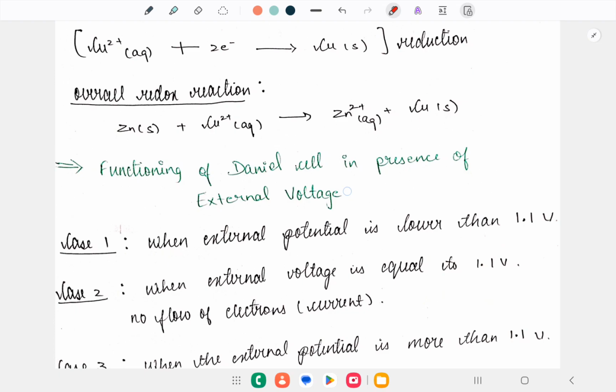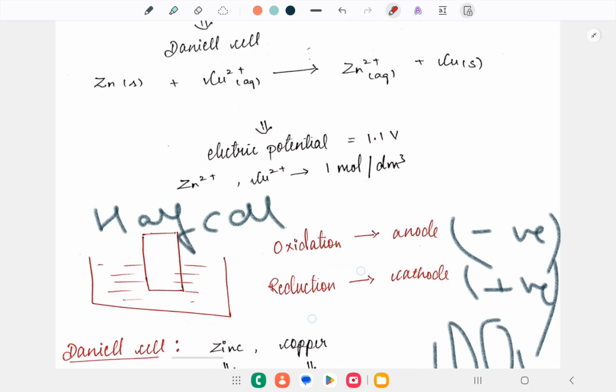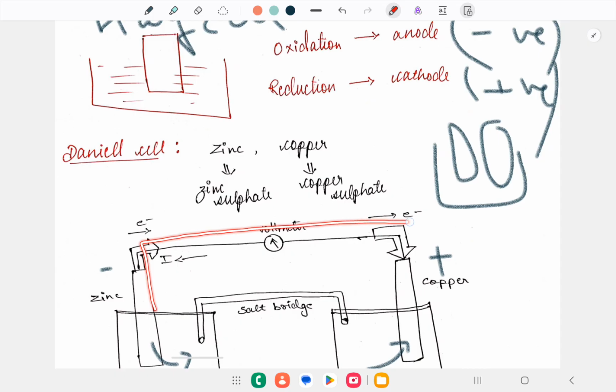So if we apply an external voltage which is lower than 1.1 volt, then the electrons will, as usual, flow from the zinc rod to the copper rod, and hence the current will flow from copper to zinc, in the opposite way of the electrons. Hence there will be no change, because in the same way here the copper will get deposited.